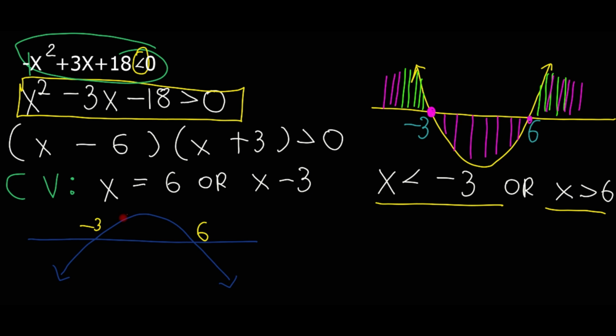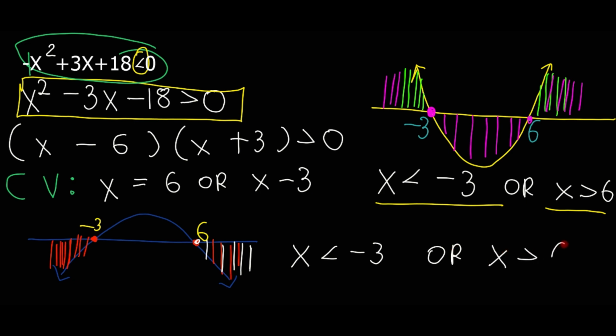So our graph is below the x-axis from here, and also from here going to the right. So we can see that we will get the same answer: x is less than -3, because our graph is below the x-axis from -3 going to the left, and then it is below the x-axis again from +6 going to the right. So or x is greater than 6, so we got the same answer.